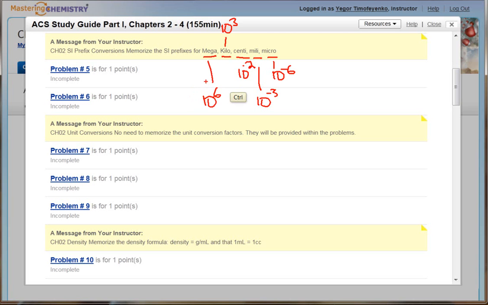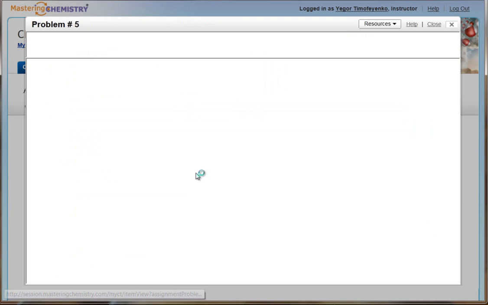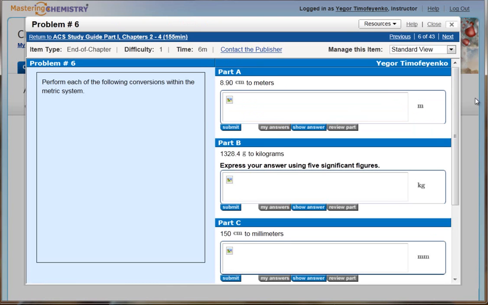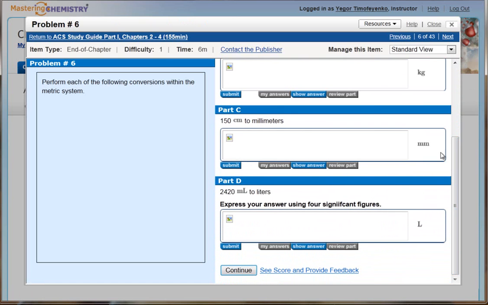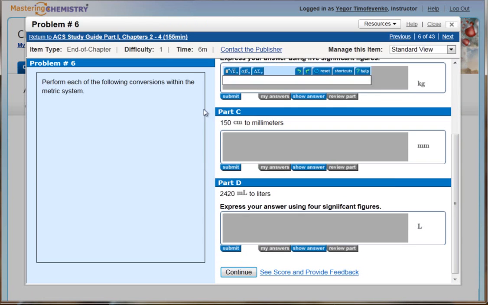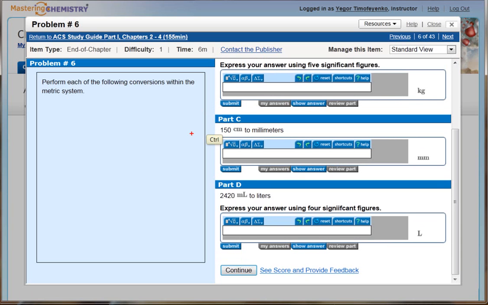Let's check out some of these problems. Let's look at this particular problem. The most important part is how to use these conversion factors. So I'm going to go to this problem and write out the solution. We have the given, and what's asked.